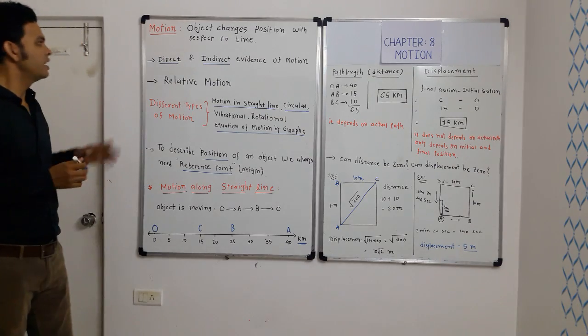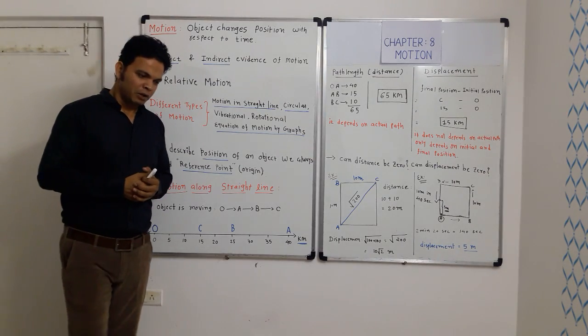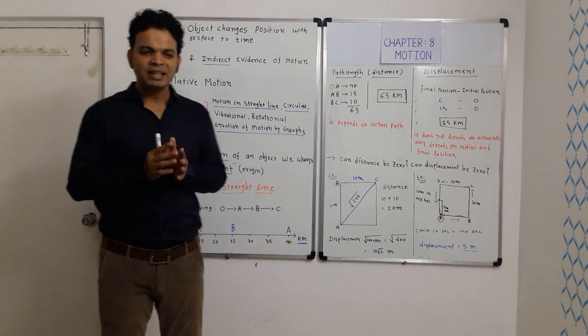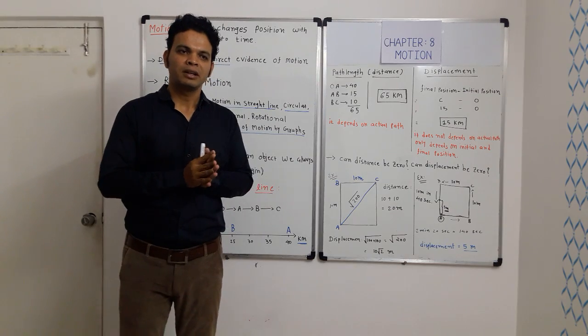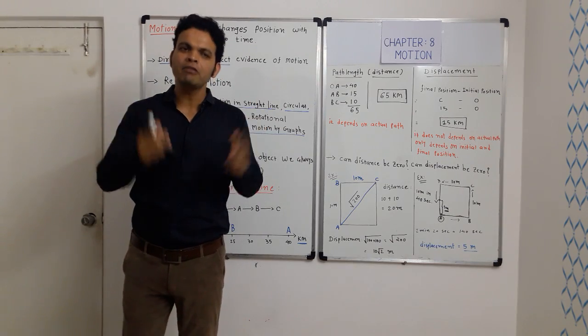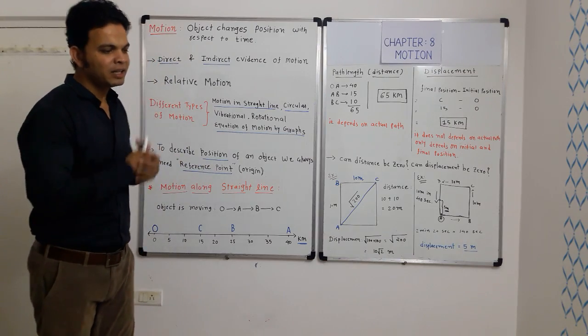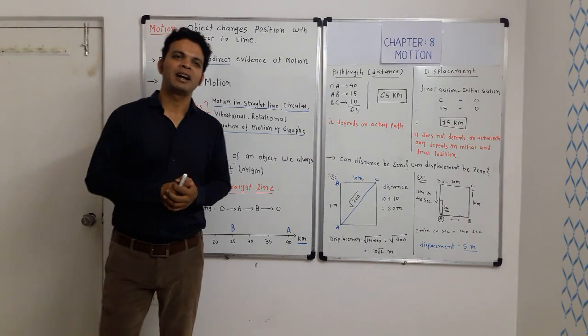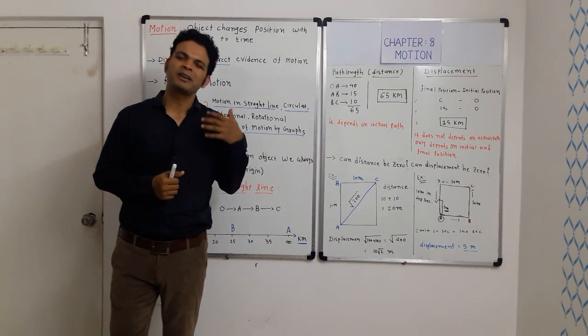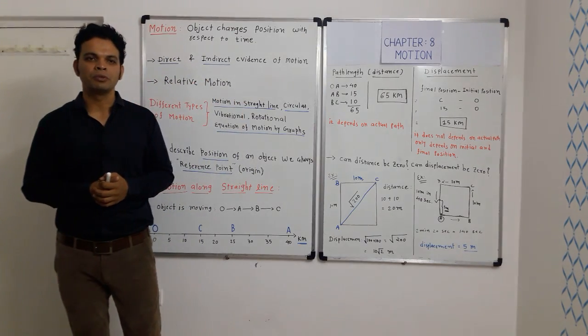The next thing is relative motion. To describe anything, whether it is in motion or not, the concept of relativity is very essential. For example, you are sitting in a train or a car or bus, and a person is sitting next to you.